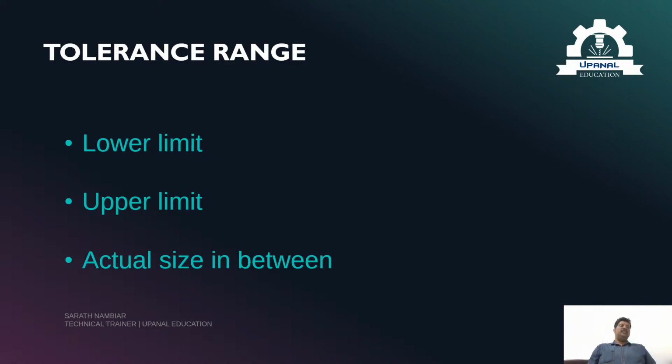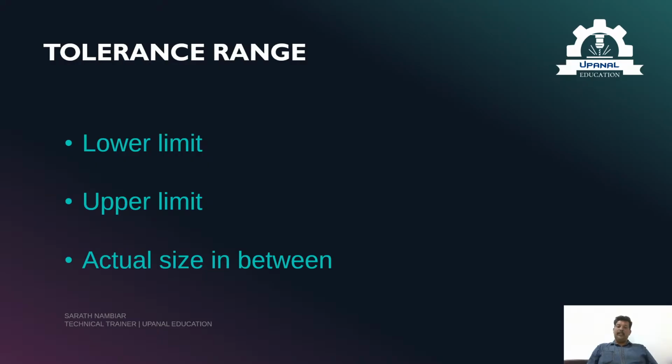Tolerance always creates a range. There are three important terms here: the lower limit, the upper limit, and the actual size. As long as the actual size falls between the lower and the upper limits, the part is accepted.